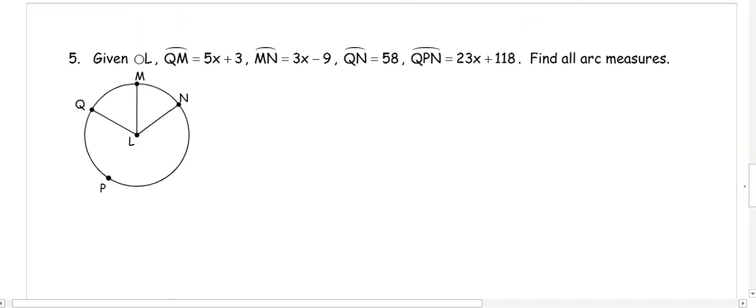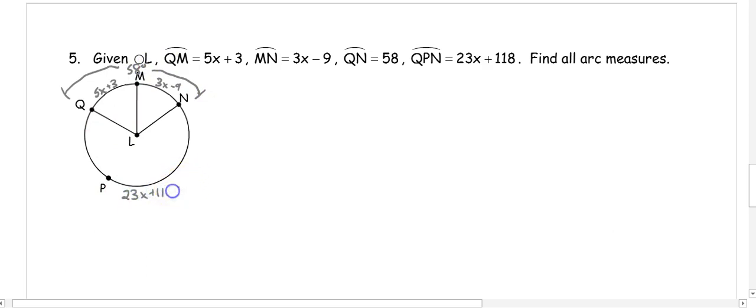Number 5, given circle L, QM is 5x plus 3, MN is 3x minus 9, QN is 58 degrees, and PQN is 23x plus 118.